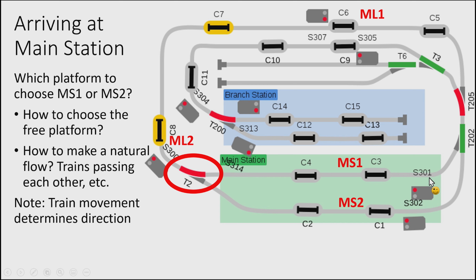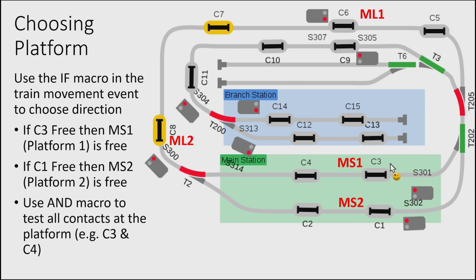And by the way, it's incorrect for me to say it's the route that determines it. It's actually the train that needs to determine which way to go and then request a route to that destination. So the train at mainline 2 will first determine which platform is free, and then it will request the appropriate route. So how do we do this? Well, basically the train arrives here at mainline 2, and we need to figure out which platform to go to.